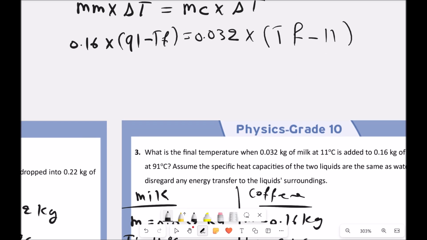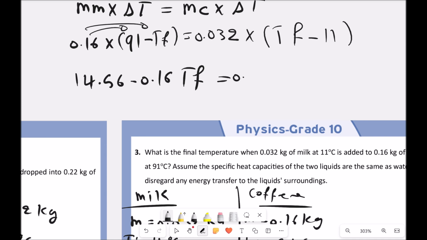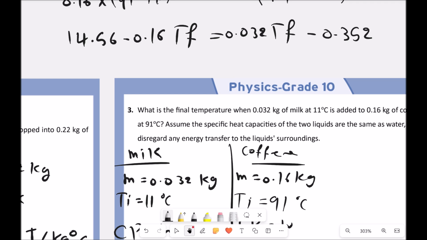Okay, multiply this by this and then multiply it by this one. You should get 14.56 minus 0.16 T final, which is equal to 0.032 T final minus 0.352. Okay, take this one to this side and take this one to the other side.